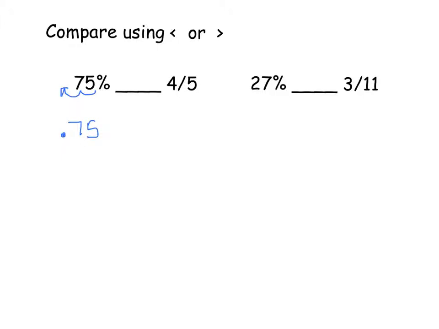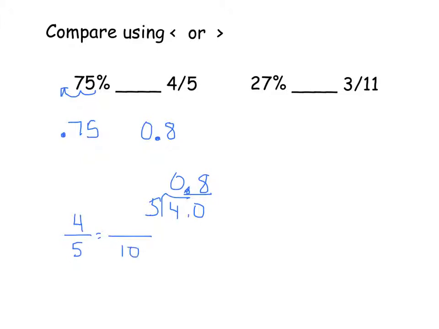And if we divide 5 into 4, I'll do this down here. 5 goes into 4 0 times, so I add a 0. 5 goes into 40 8 times, so 4/5 is 0.8. We could have also changed it because we know that we have to say tenths, so times 2, so 8 tenths. So 0.75 is less than 0.8, so 4/5 is greater than 75%.